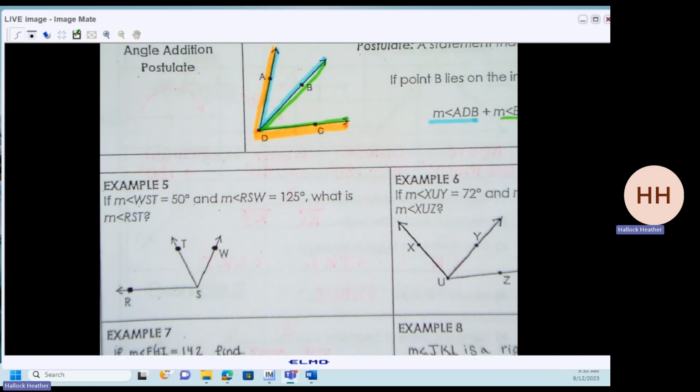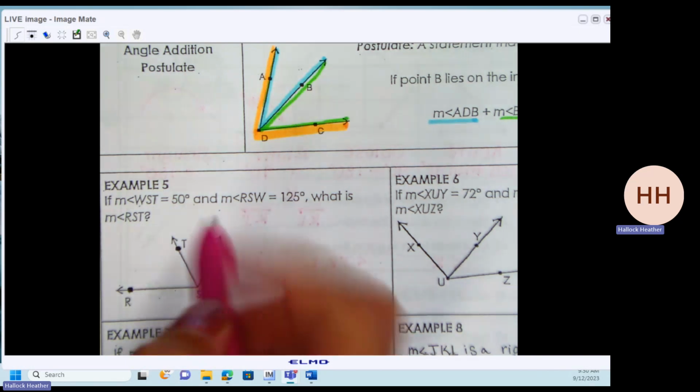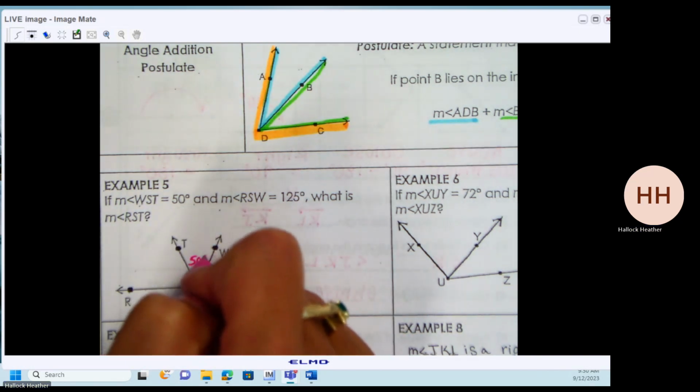The measure of angle WST is 50 degrees. So you should put 50 in that little angle that they're telling you about. You don't have to set up an equation with this one because people just add or subtract. So if the measure of angle WST is 50, you should have put 50 here.